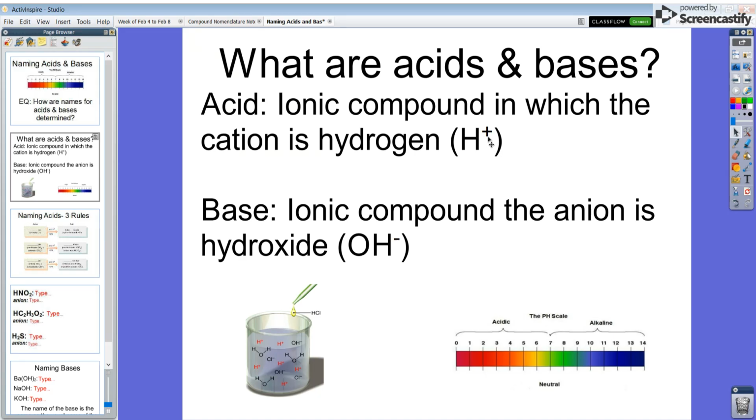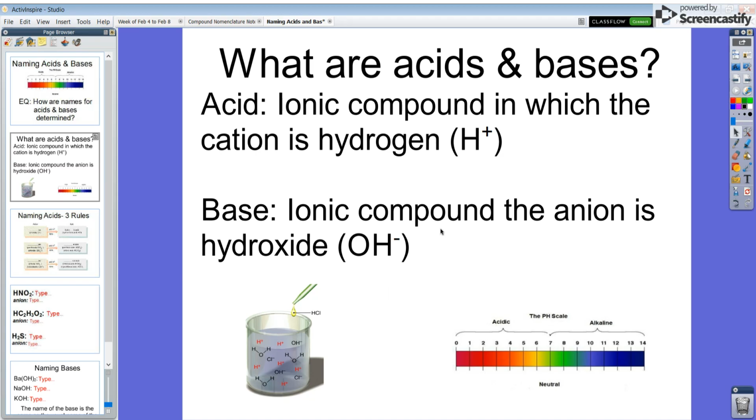When the concentration of hydrogen ions is the same as the concentration of hydroxide ions, you get a neutral solution or a pH of 7. We aren't going to study the chemistry behind acids and bases in depth, but we are going to encounter them occasionally over the rest of the semester. So you do need to be able to go back and forth between names and formulas of acids and bases.